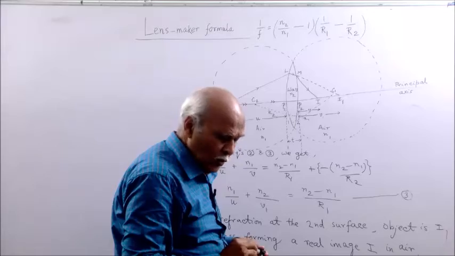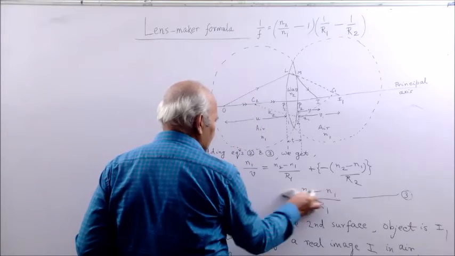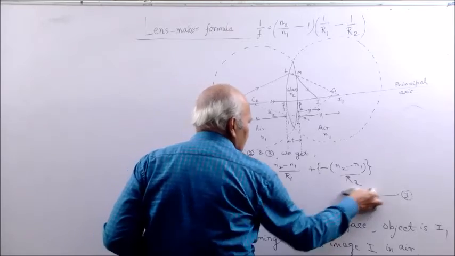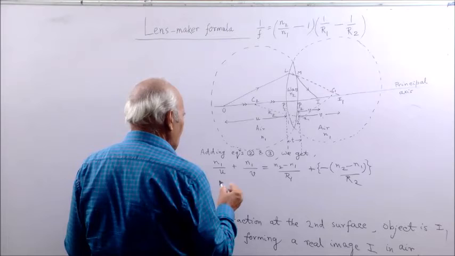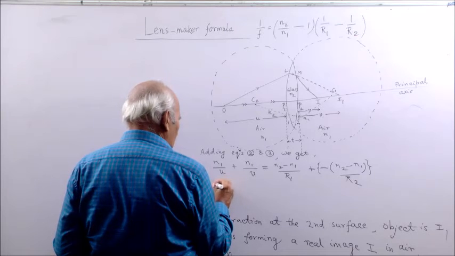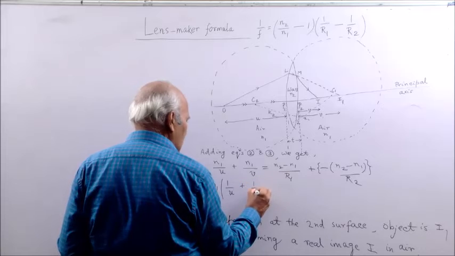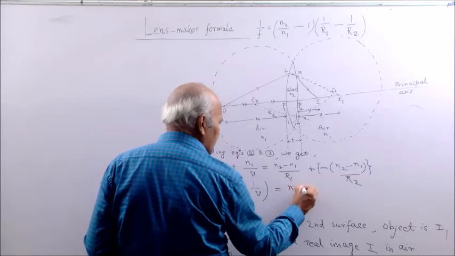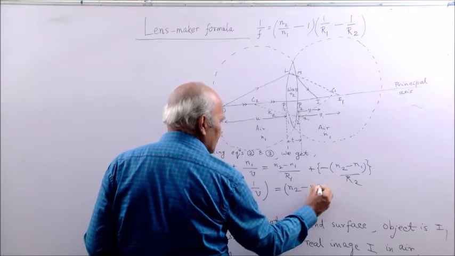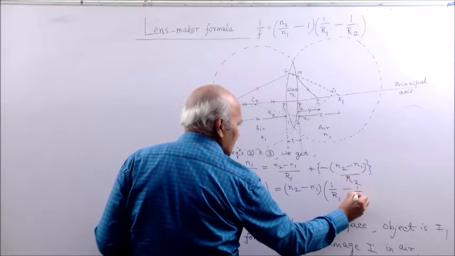Then we have to take N1 common. So N1 into 1 by u plus 1 by v is equal to N2 minus N1 into 1 by R1 minus 1 by R2.